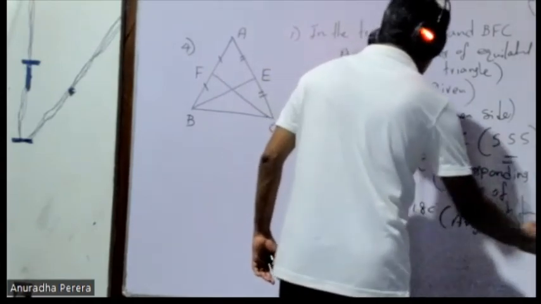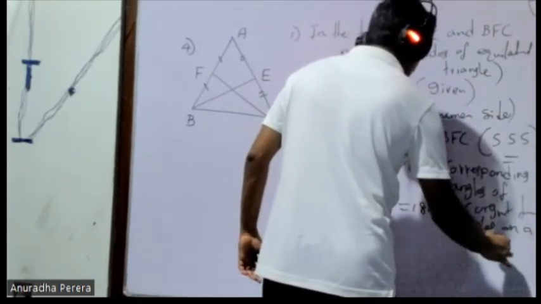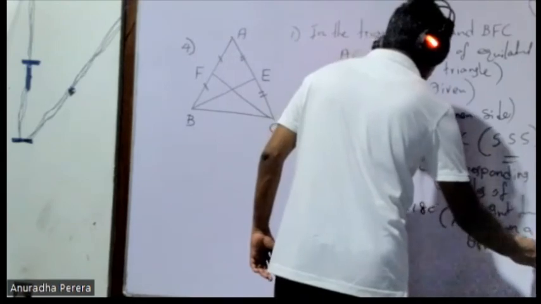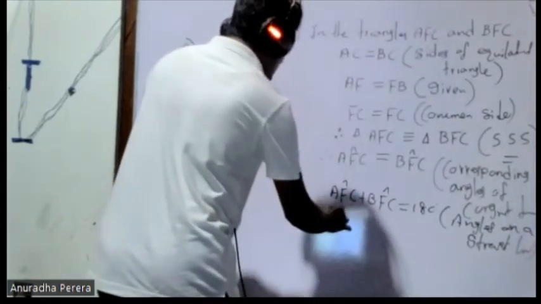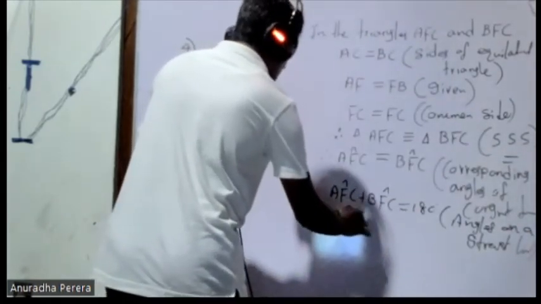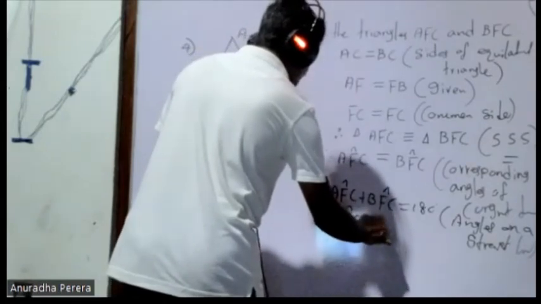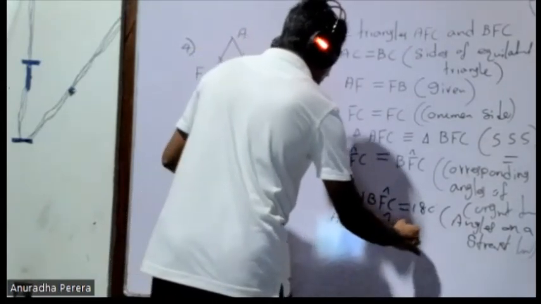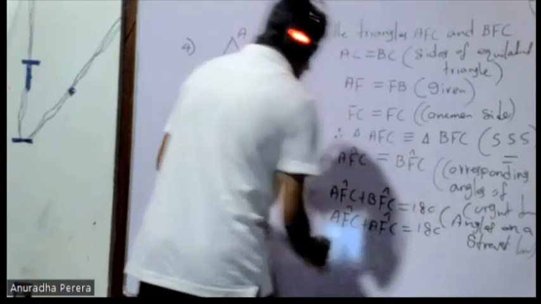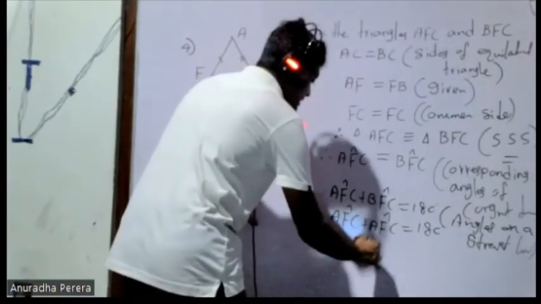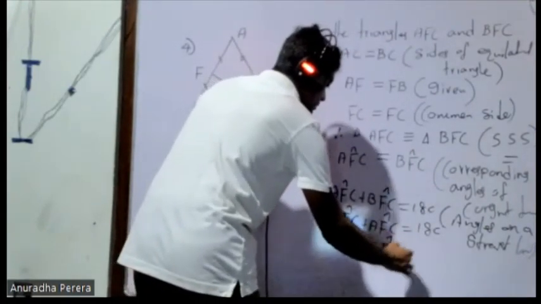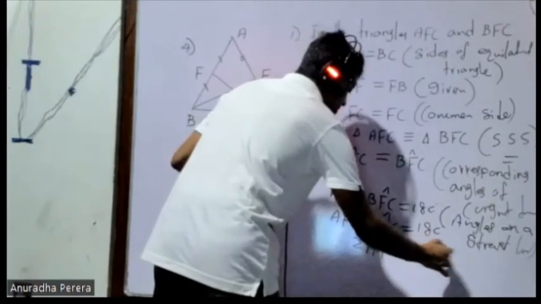Then you can substitute AFC for BFC: 180. AFC plus AFC means 2 AFC. Divide both sides by 2. AFC is 90.